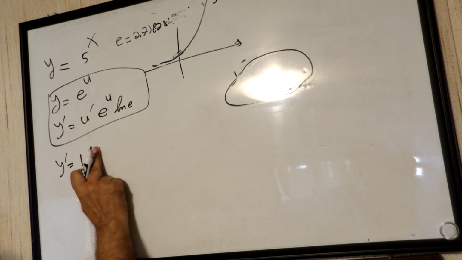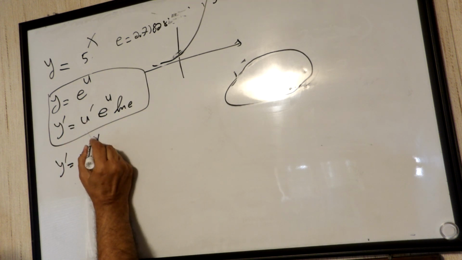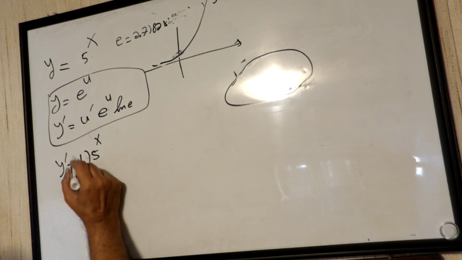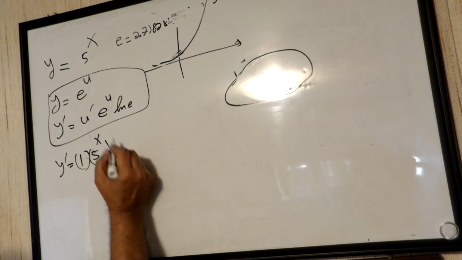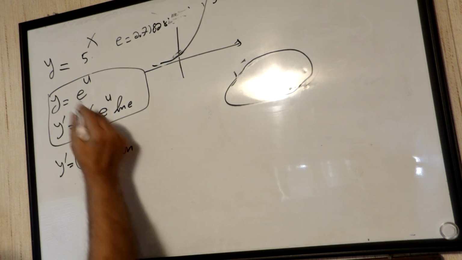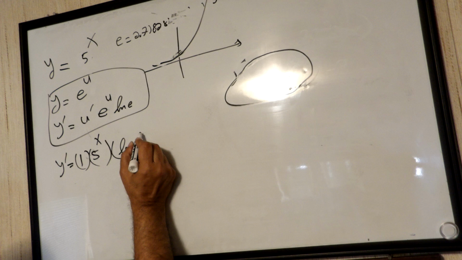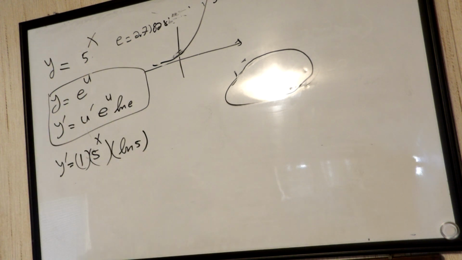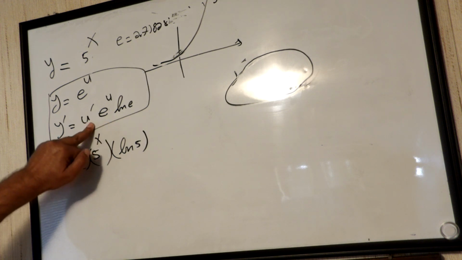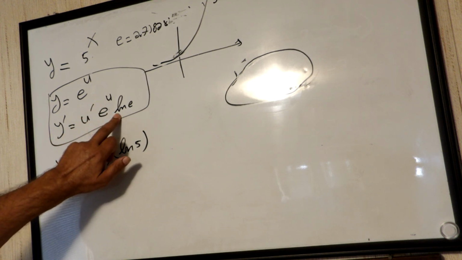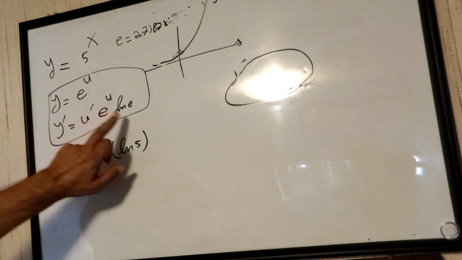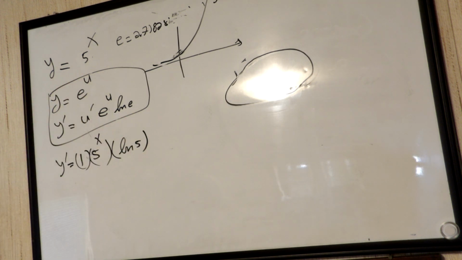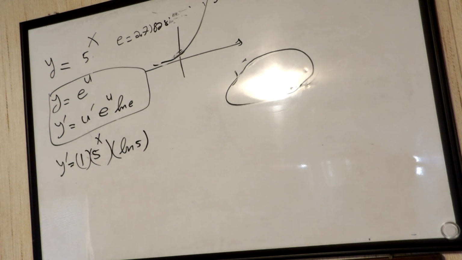We write 5 to the power of x, we write the same thing, and then times ln 5, the base, and this is the power. So actually, this is exactly the same as the natural logarithm case, but instead of e here we have the number. So this is very easy.